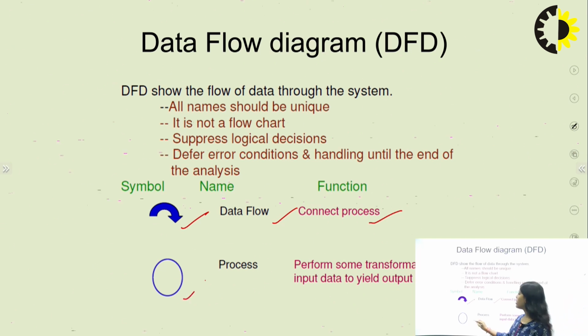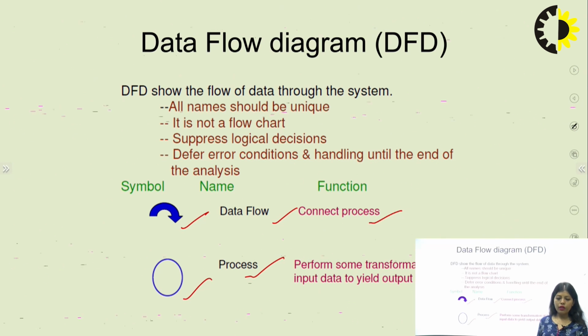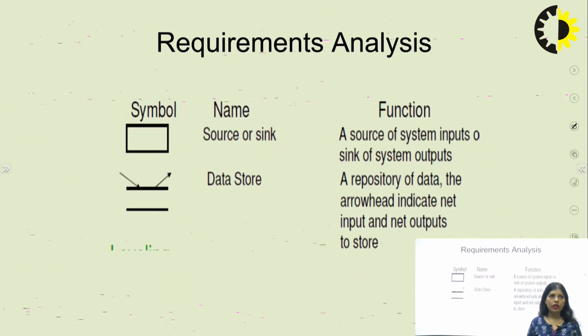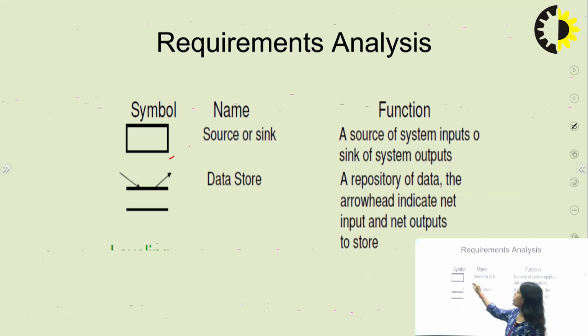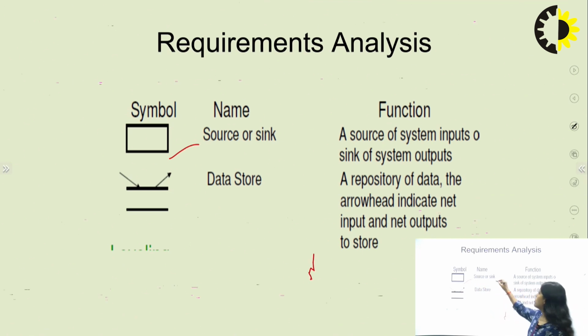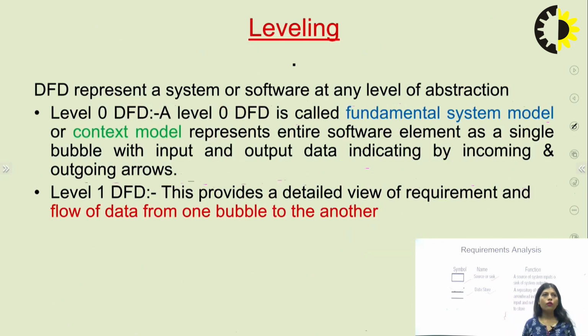This circle symbol is known as a process, which performs some transformation from the input data to the output data. This symbol is called a source or sink, the source of system input or the sink of system output. And this symbol is called a data store, which shows the repository of data.